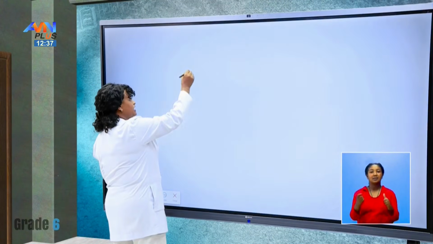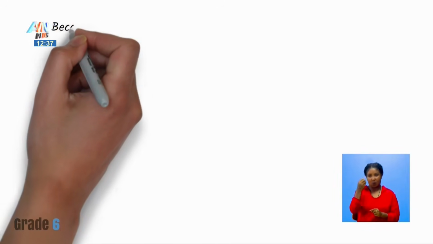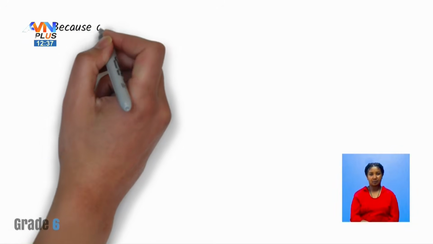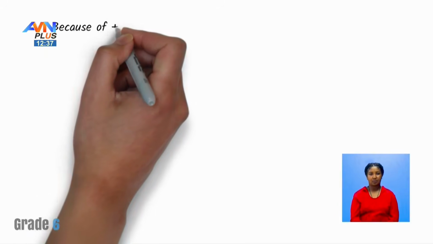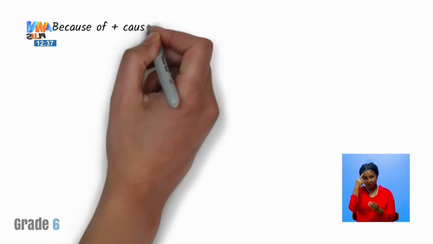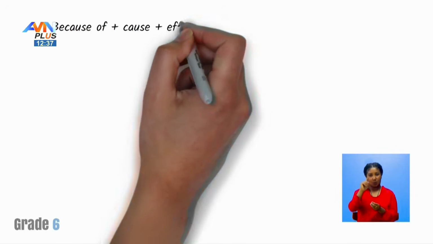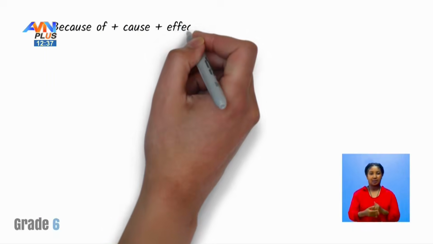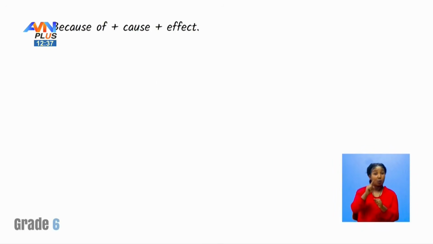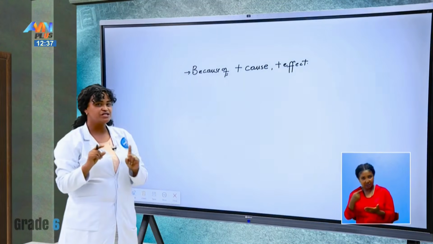The first way is, look, using this word, because of. Because of, okay? Because of plus cause, comma, plus effect. Just to remind you one thing, if you are using because of and because, there is a little bit of difference in structure.